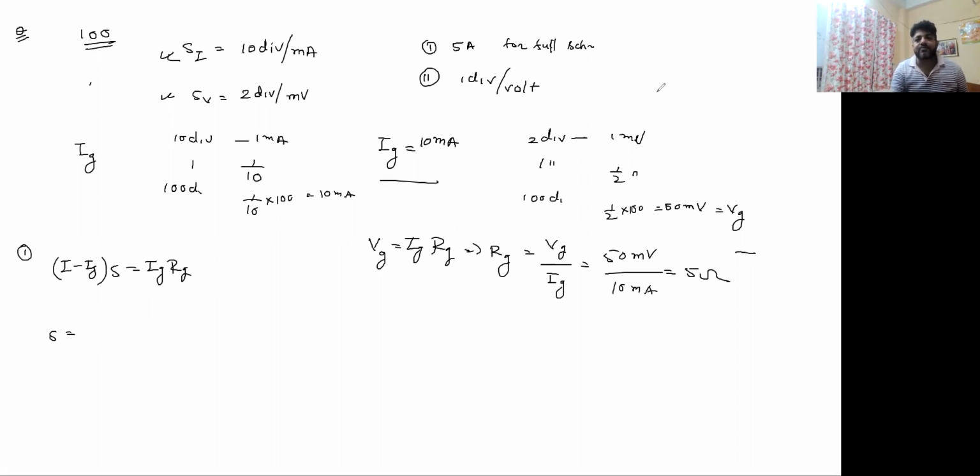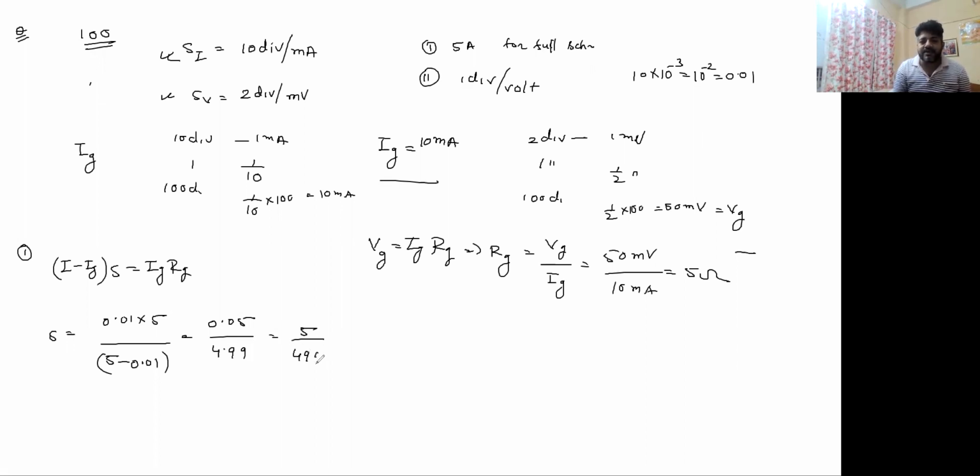Ig is 10 milliampere, that is 10 into 10 to the power minus 3, that means 0.01. So S is 0.01 into 5 divided by 5 minus 0.01, that is 0.05 by 4.99, which is 5 by 499. Yes, sir.